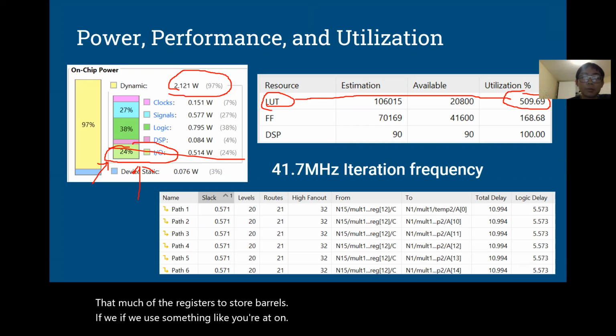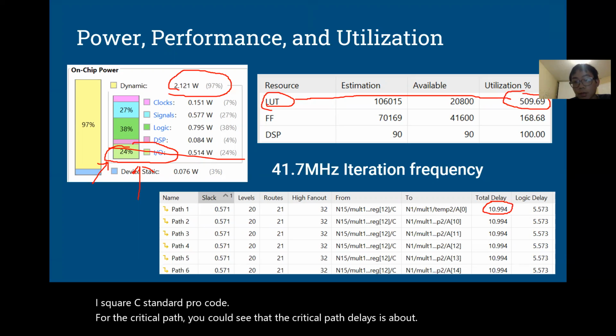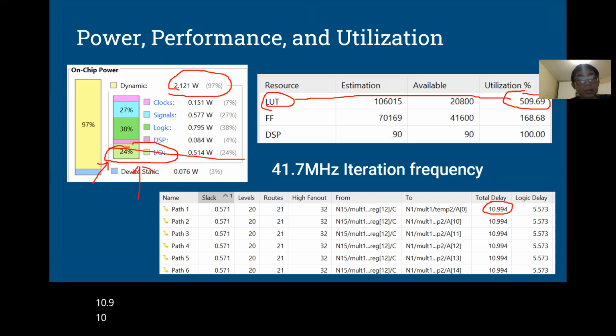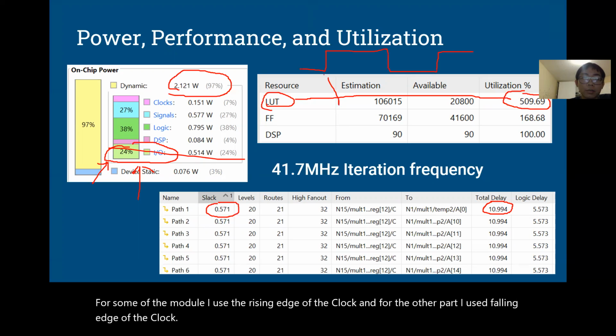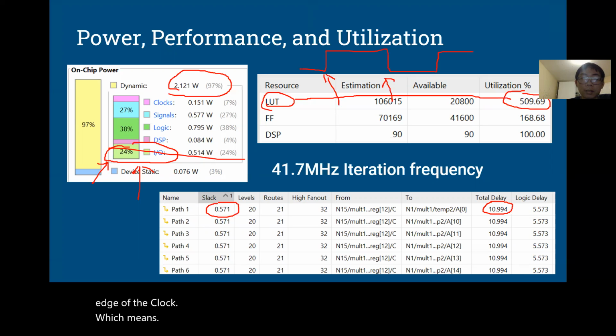or I2C standard protocol. And for the critical path, you can see that the critical path delay is about 10.9 or 11 nanoseconds. And we have a slack of about 0.571. In this case, for some of the modules, I use the rising edge of the clock, and for the other part, I use the falling edge of the clock. Which means in this critical path, it actually only uses half of the clock period.